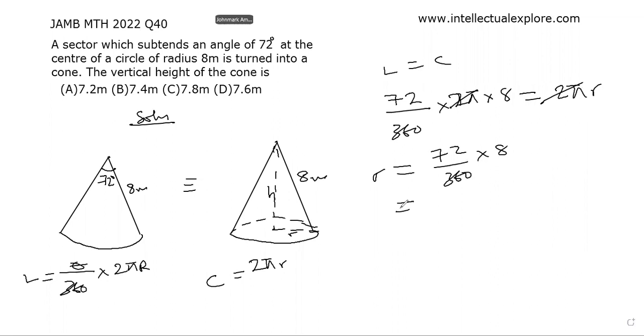72 divided by 360 times 8 will give you 1.6. So now we know what our r is. Now there's a right angle triangle inside this cone.